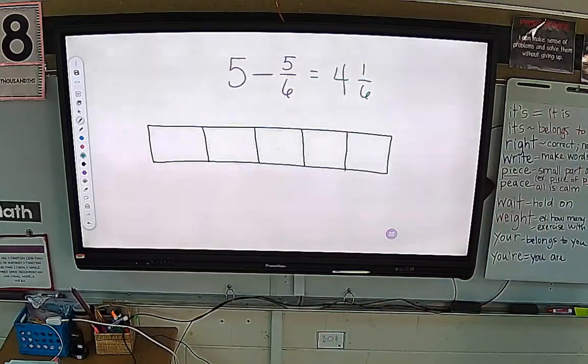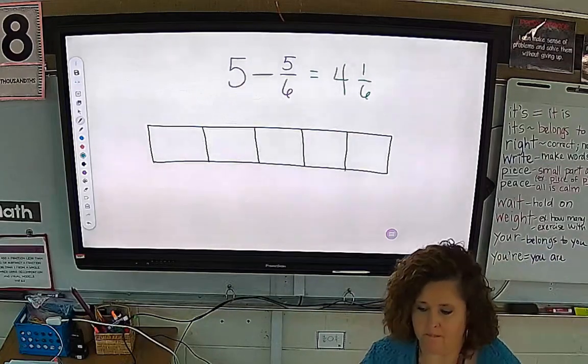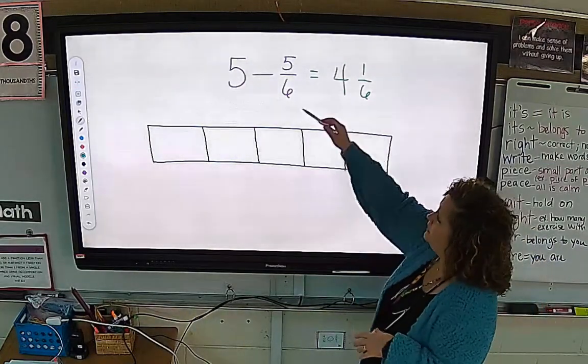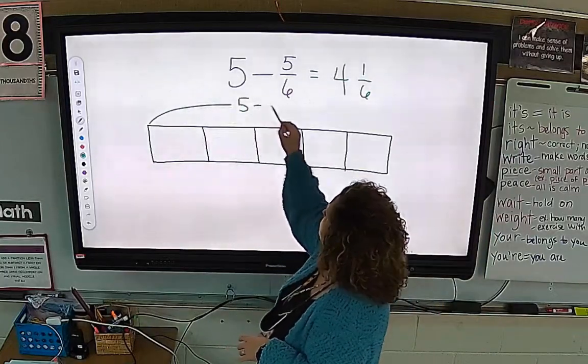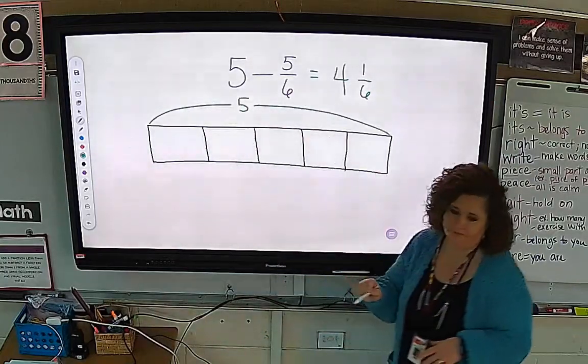Put the top on your marker, and I need you to hear a couple things. By the end of today, we're going to do some of these problems without the tape diagram. And you may be sitting there going, yeah, I don't have to draw all that. But I'm telling you, it's easier to see these problems with the tape diagram. Okay? When we do this problem, we know this is 5. Okay, you're putting everything down and giving me your eyes up here.